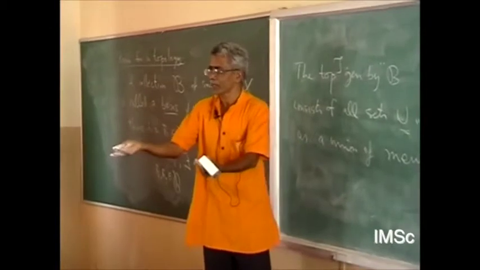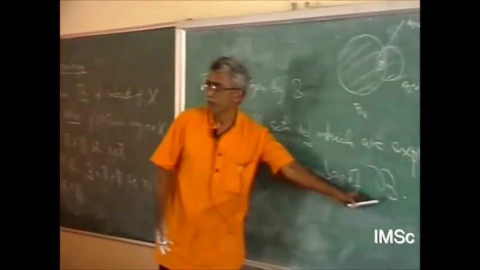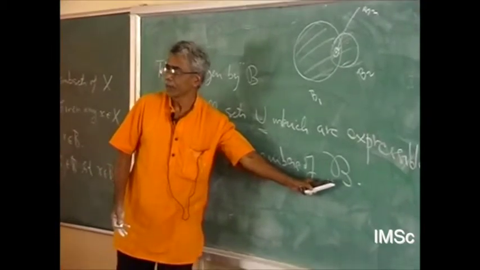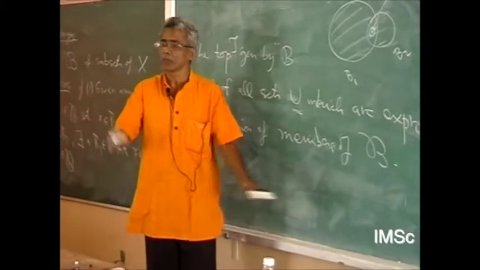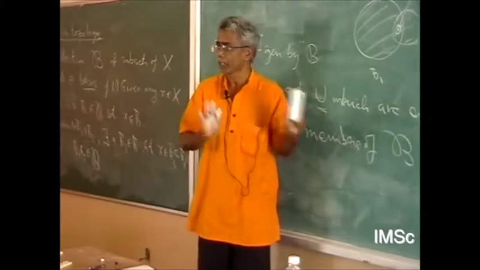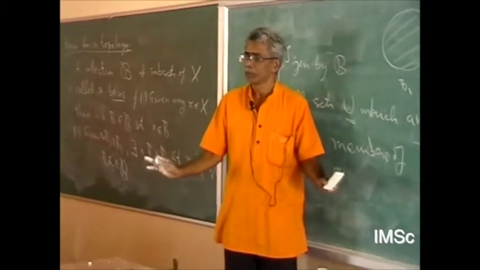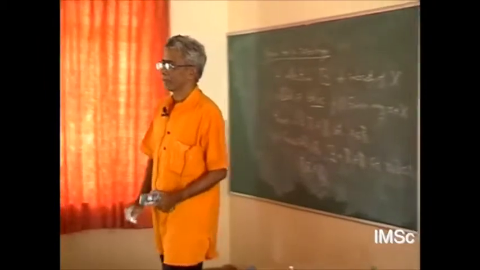The moment that subset is there, if these are to be open sets, then any topology that contains B will have to have all arbitrary unions of members of B. You put them in your collection and nothing more. That is the topology generated by B. Is that clear?